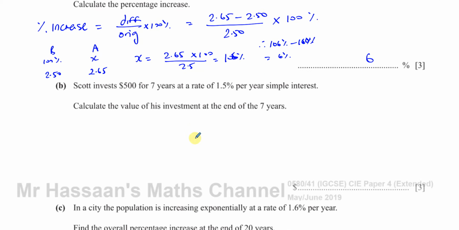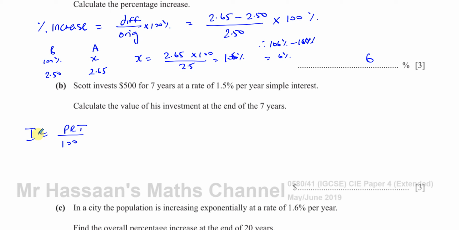Part B says Scott invests $500 for 7 years at a rate of 1.5% per year, simple interest. Calculate the value of the investment at the end of 7 years. So you have I equals PRT over 100.